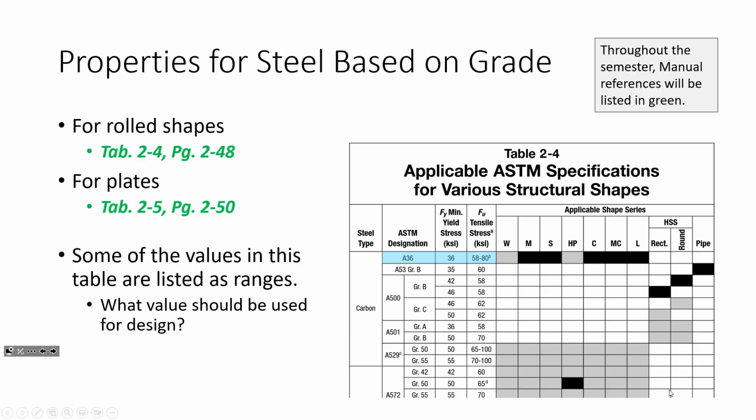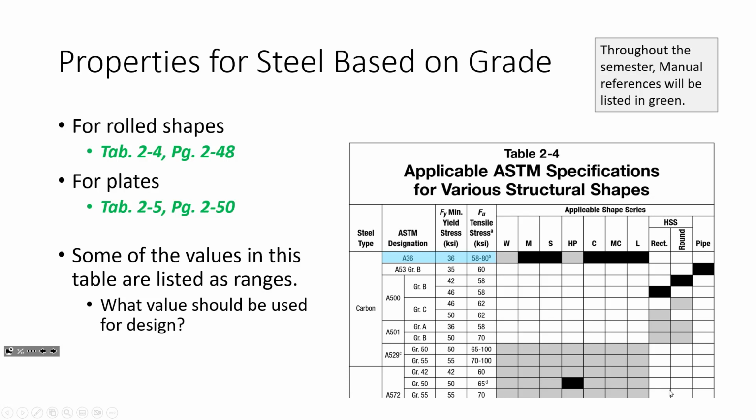All right. First off, what is this value going to be used for? I'm going to use this value as a threshold for determining how much force an element can withstand before it fails. So if I want to ensure the design is safe, I want a worst case assumption.